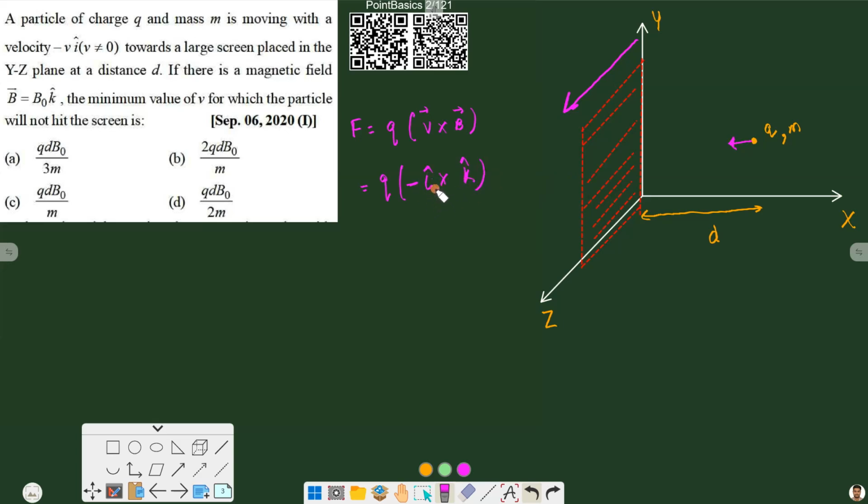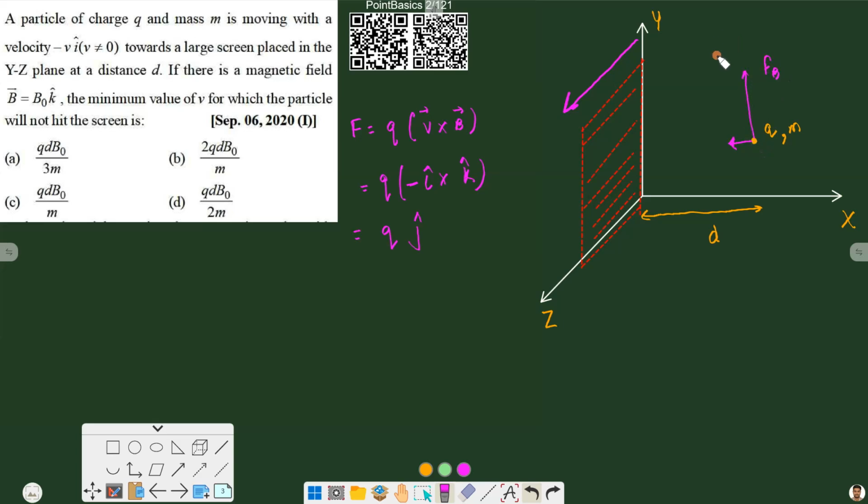We know k cross i is j, so i cross k is minus j, and with the minus, this will be q into j. So the force acting on the particle will be in the upper direction, the y direction. So the magnetic force will be in the upper direction.